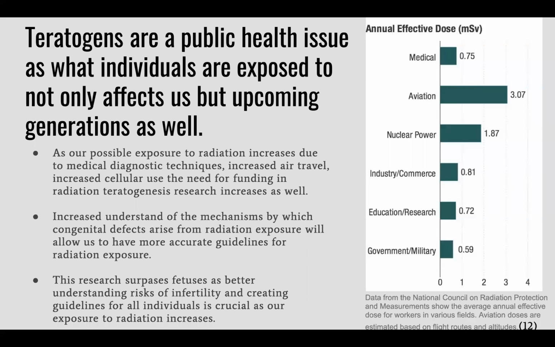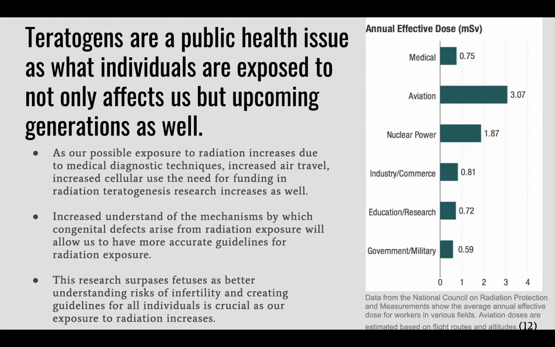Teratogens are a public health issue as what individuals are exposed to not only affects us, but upcoming generations as well. As our possible exposure to radiation increases due to medical diagnostic techniques, increased air travel, and increased cellular use, the need for funding in radiation teratogenesis research increases as well.